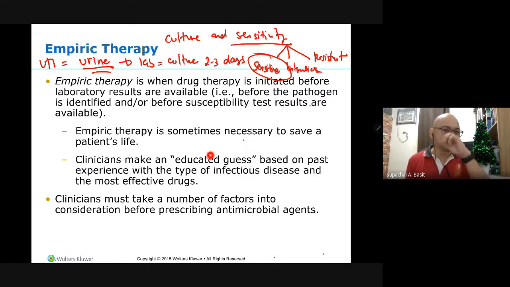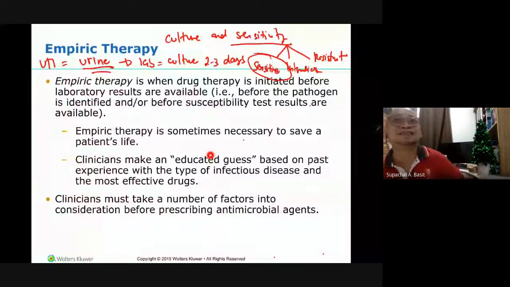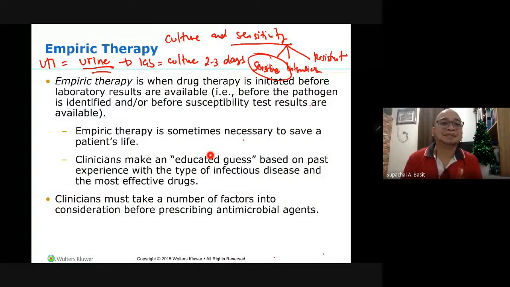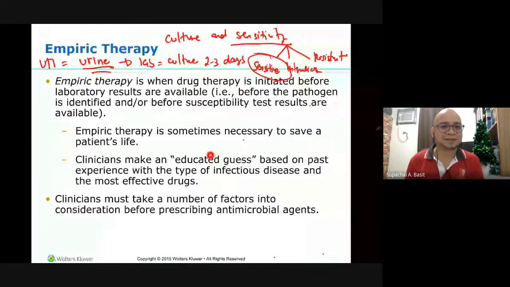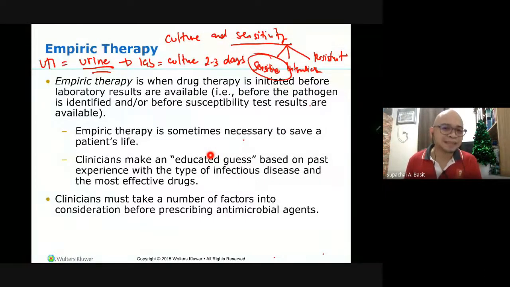So some doctors would be making an educated guess, meaning to say, empiric therapy can be given to the patient. So empiric therapy, therefore, is drug therapy that is initiated before the lab results are available.